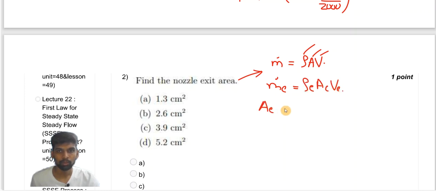Since they are asking about AE, we can write mass flow rate at exit and entry are same, so just write it as m dot, and it is rho E by VE. How? We have just brought this rho E and VE to this side, and velocity at exit is nothing but V2. Let's be consistent with our notations.